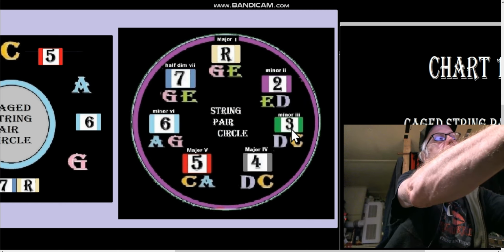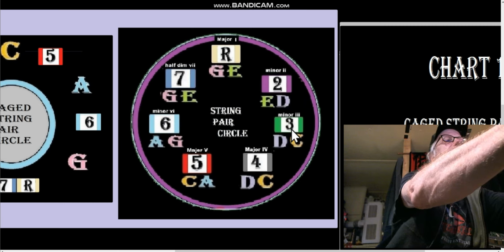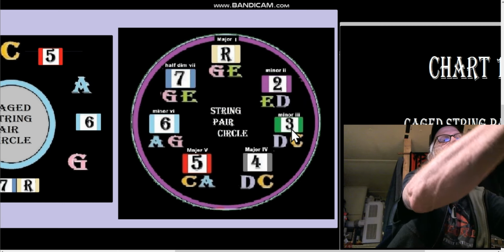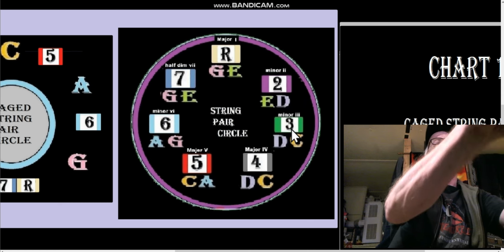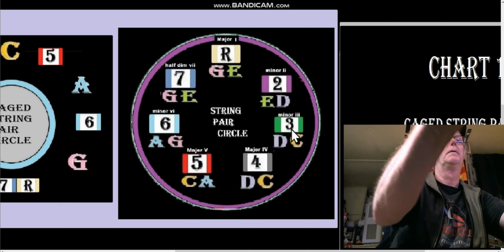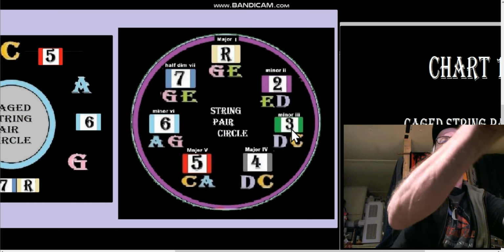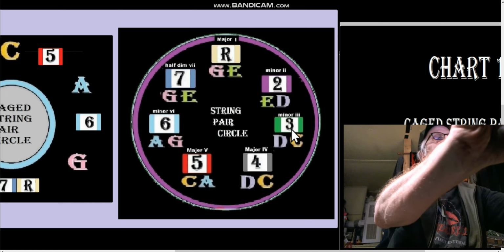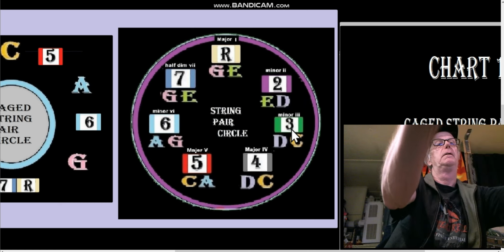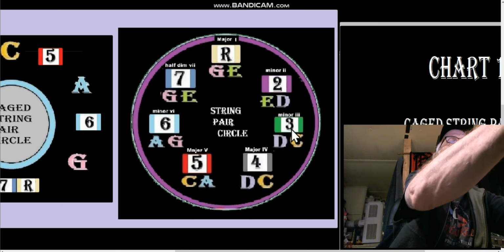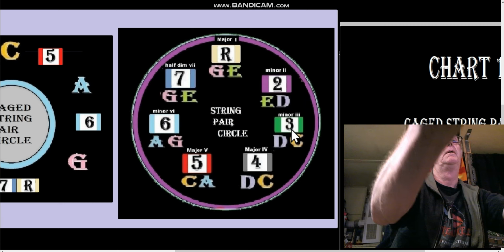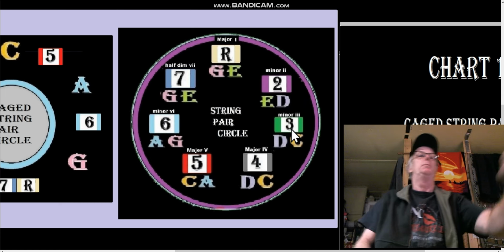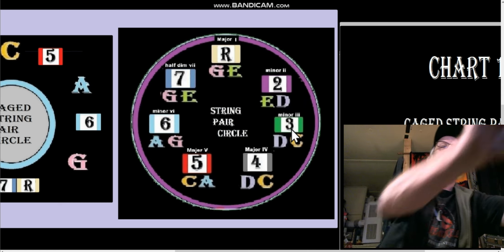But if that E minor, we want to play it as the 6th of something, we'd have to add the F sharp. If we wanted to play it as the second of something, it would be the D. We'd have to add the C sharp too. But as the third of C, it's the Phrygian.